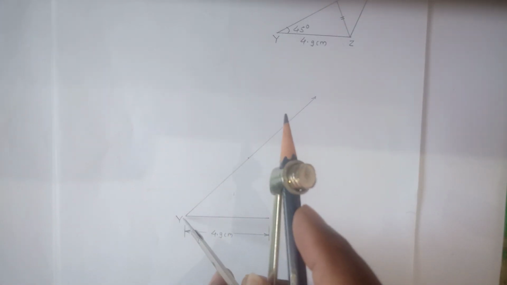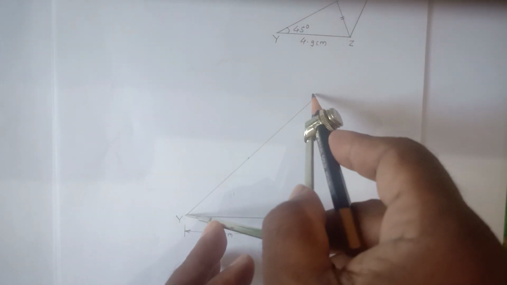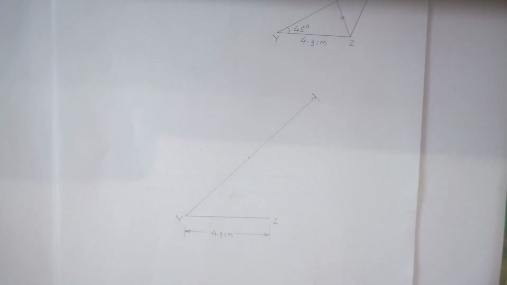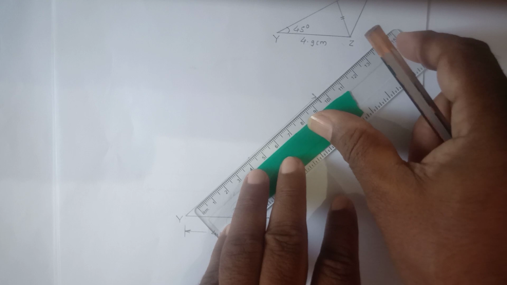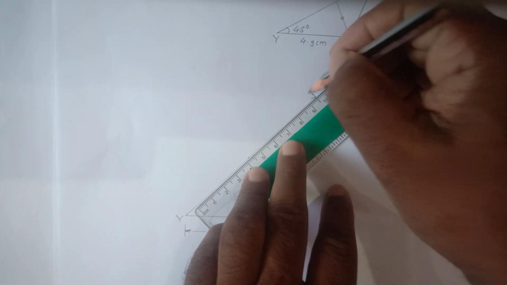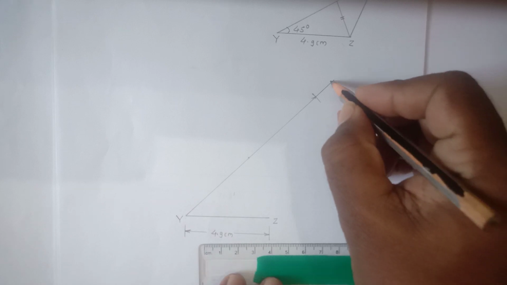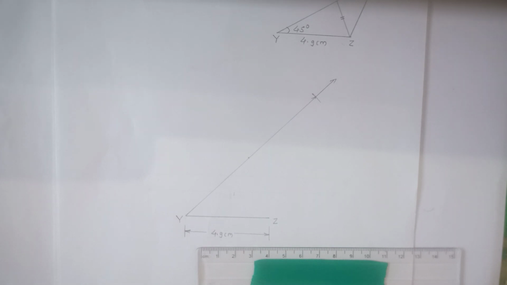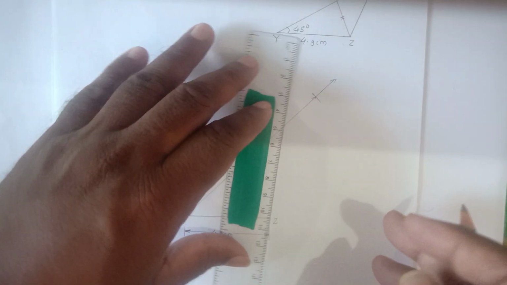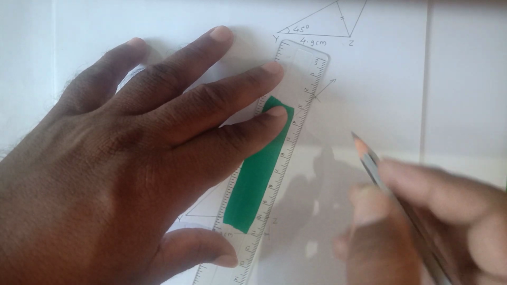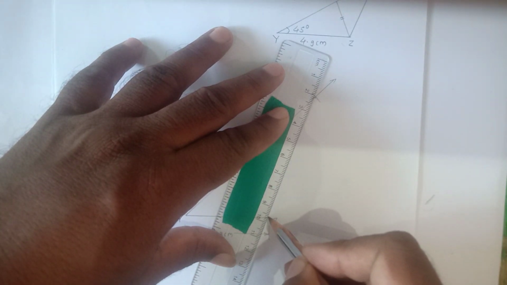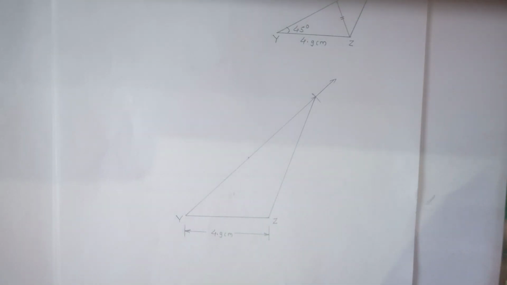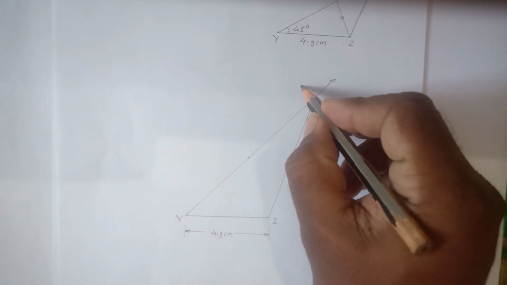Put compass at point Y and draw the arc on this ray. Now extend this ray. So this is the point of intersection. Now join this point and Z. Let this point be D.